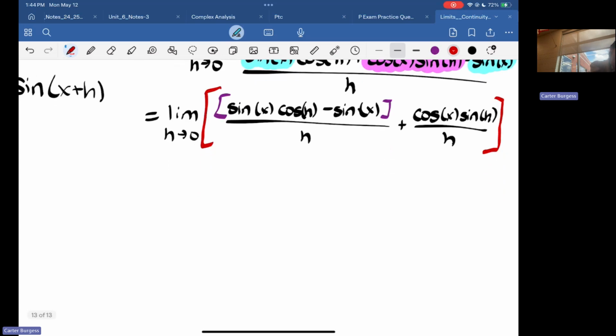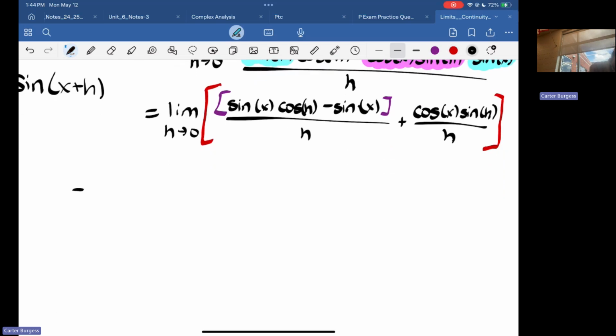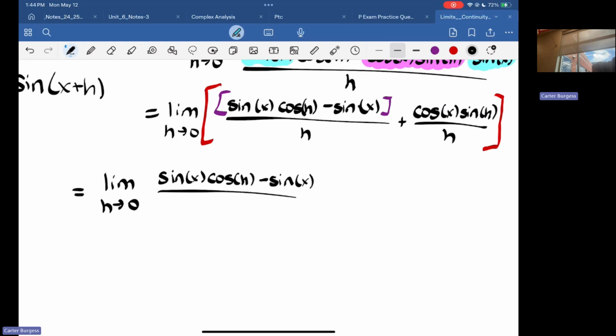So this should be the same as the limit, you can kind of distribute it, it's not distribution, but you kind of can distribute it, of sine of x times cosine of h minus sine of x over h, plus the limit as h approaches 0 of cosine of x times sine of h all over h.